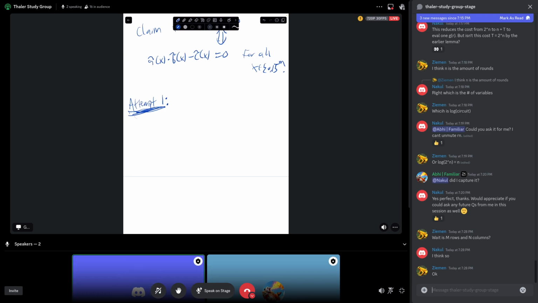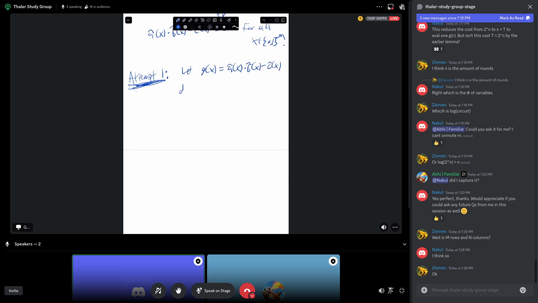But okay, so let's let g of x just be a-twiddle of x times (b-twiddle of x minus c-twiddle of x). So this polynomial has degree 2 in each variable, which is exactly how I told you to think of sum-check: we want to sum up all evaluations of a multivariate polynomial which has degree at most 2 in each variable. So this is the sort of polynomial you should have in mind.